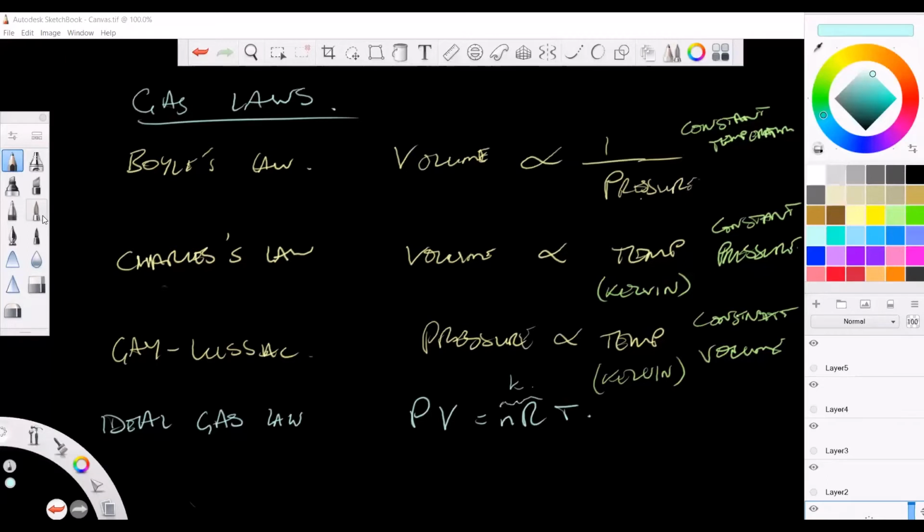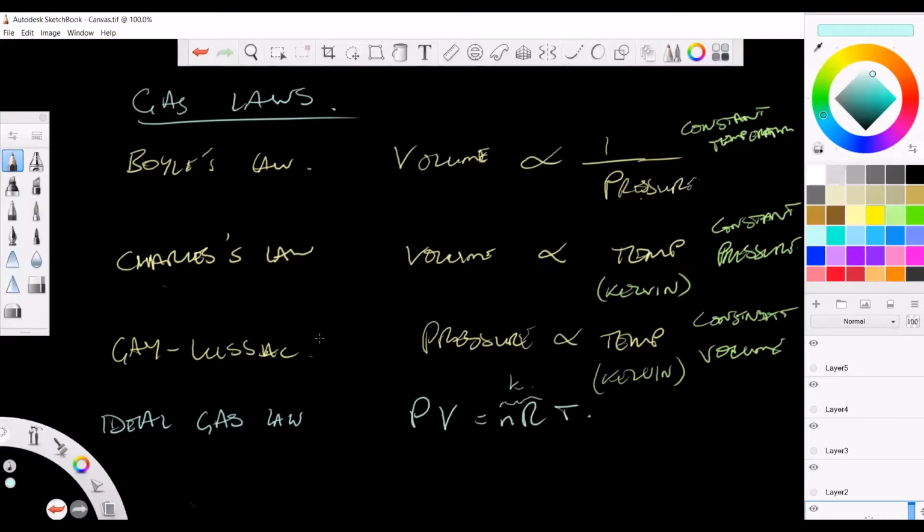I don't like the fact that you need to know the names of all these laws, because that's probably the hardest thing here. I've explained how all the laws work, probably in terms that you understand: pressure is proportional to temperature, volume is proportional to temperature, and volume is inversely proportional to pressure. But knowing it's Boyle's law or Charles's law or Gay-Lussac's law is completely irrelevant to the physics of the world.